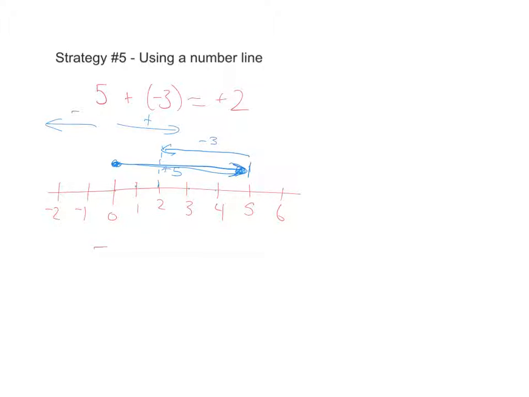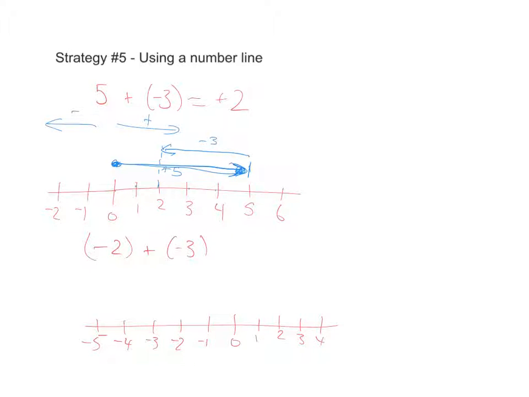Let's say, for example, you have negative 2 plus negative 3. Okay. So I'm going to just take a moment. I'm going to build my number line. Here's my 0, 1, 2, 3, 4. Let's go this way. Negative 1, negative 2, negative 3, negative 4, negative 5.